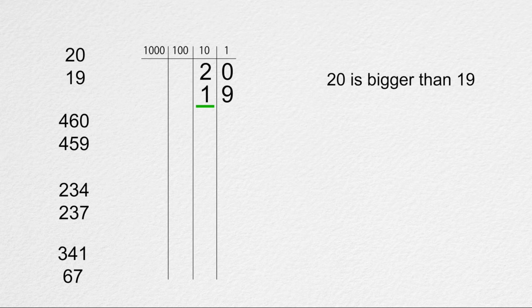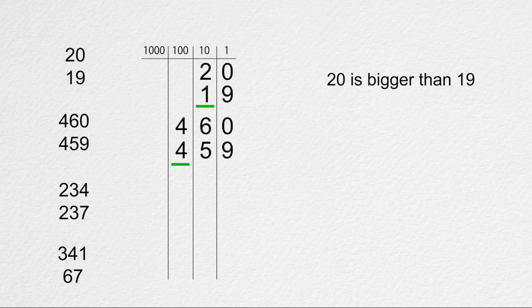Now let's look at 460 and 459. Again, you probably know the answer. We'll begin by lining up the digits with the hundreds, the tens and the units. Starting from the left, in this case we are beginning with the hundreds column. We can see that both numbers have 4 hundreds.